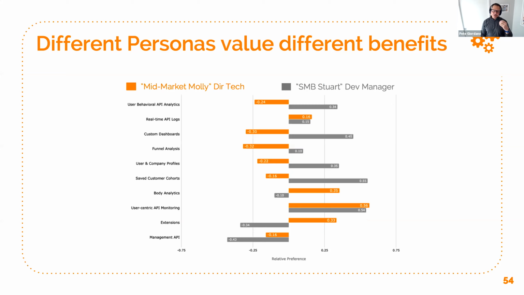And what's interesting here is that when you start to talk to the different personas, you start to see different patterns. Look at SMB Stewart. SMB Stewart has high preference for features and benefits that mid-market Molly is way negative on. This is key insight.